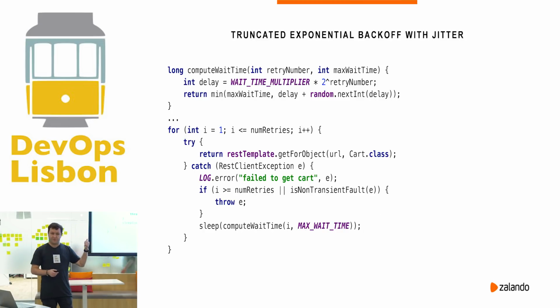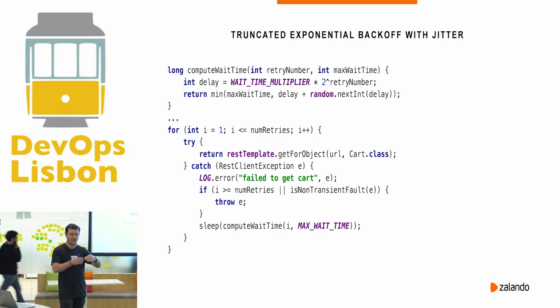This is how it could be implemented. Again, just some example code. The difference from the previous iteration is that now, while waiting, it calculates from the retry number an exponential function to decide for how long. But you can also see a new element here, which addresses the second problem, where all of the instances will retry at the same time.